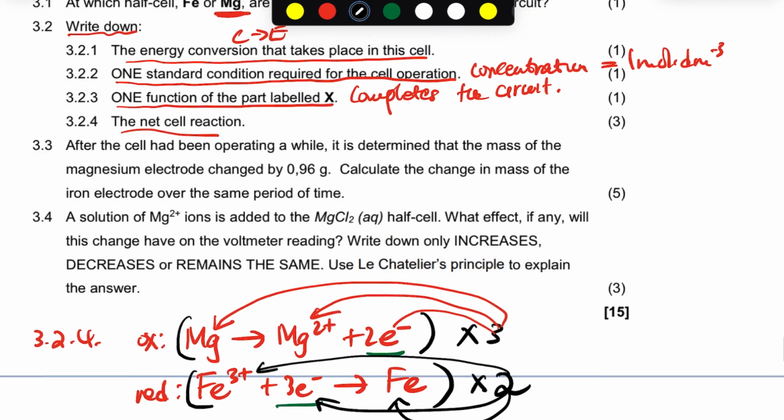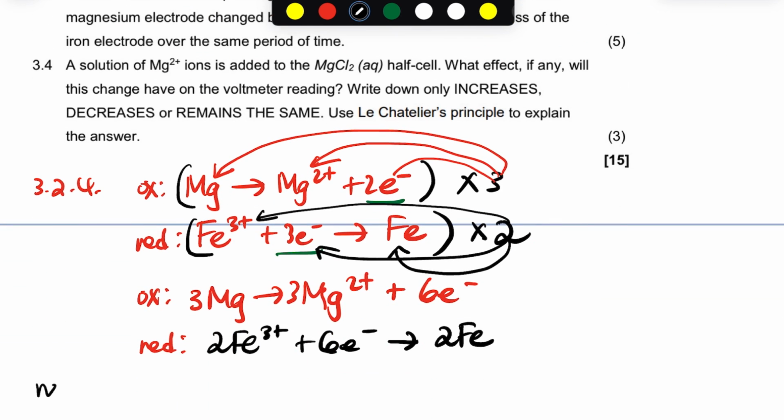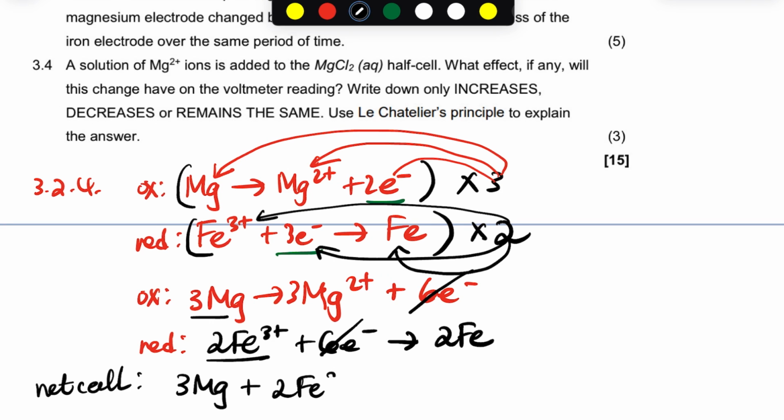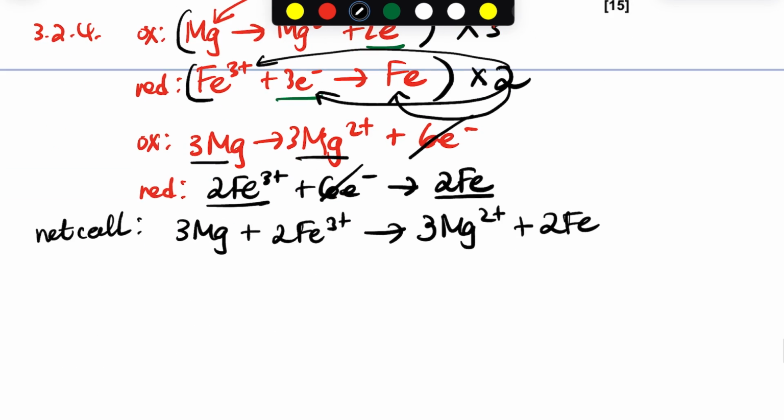So the net cell reaction now, which is the balancing of that, this and this cancel, so we're going to write the reactants. It's going to be 3 Mg plus 2 Fe3+, and then the product is going to be 3 Mg2+ and 2 Fe, right?